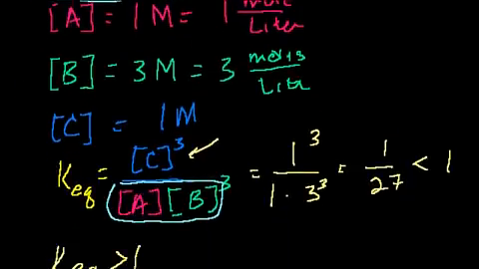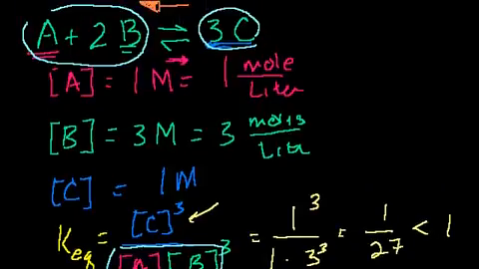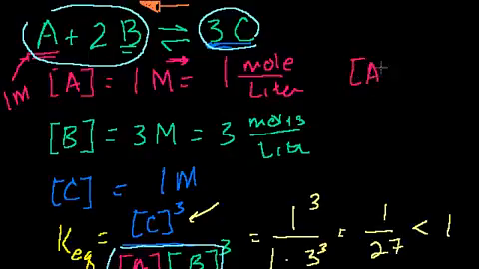The other interesting thing is you can then figure out what happens if I add another mole of A to the reaction. So let's say I throw some A into the reaction. I add some concentration of A. So now my new A is equal to 2.